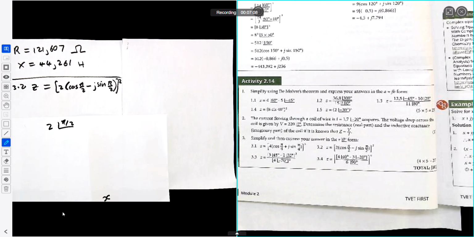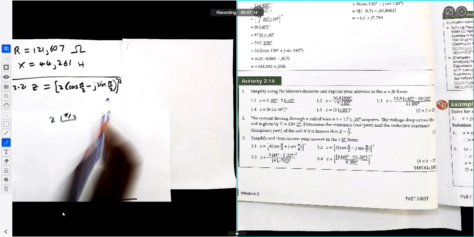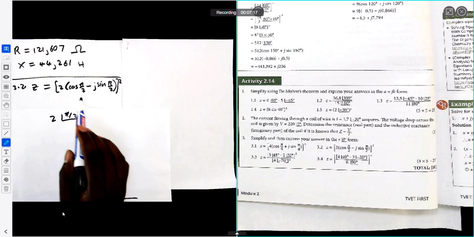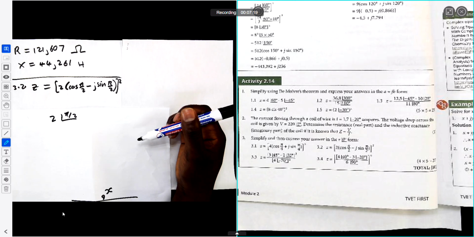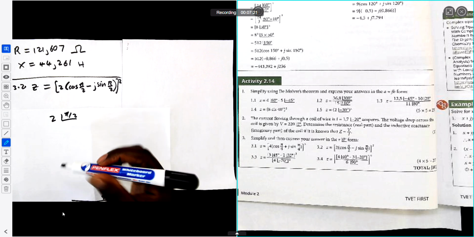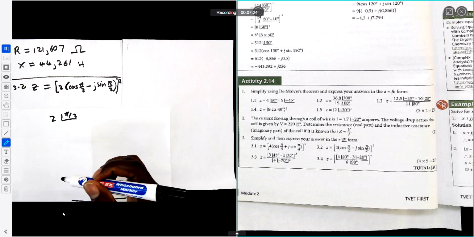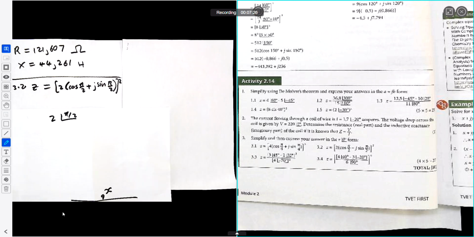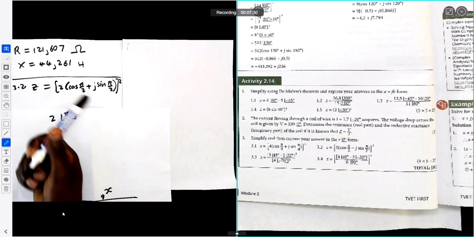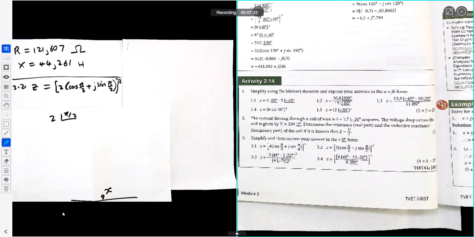I hope you agree. We have 3 forms to express a complex number in polar form. So when you see this complex number, which is 2 in cosine pi over 2 minus, was it minus? I think it's a plus. It's a plus j sine pi over 2. So the angles are the same. Remember, this is the r, the angle is pi over 2. So these are the 3 forms of expressing a complex number. You can work with it that way or as it is.